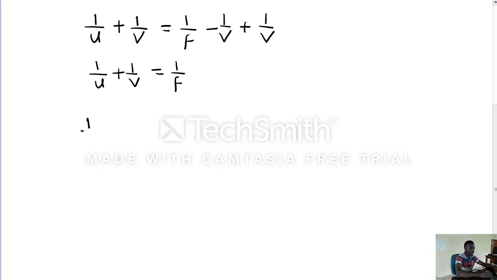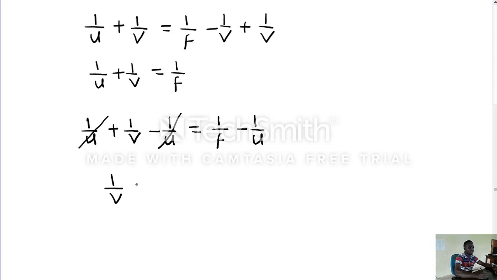That will give us 1 over u plus 1 over v minus 1 over u is equal to 1 over f minus 1 over u, of which minus 1 over u plus 1 over u will be equal to 0, leaving us with 1 over v on the left hand side, which is equal to 1 over f minus 1 over u.